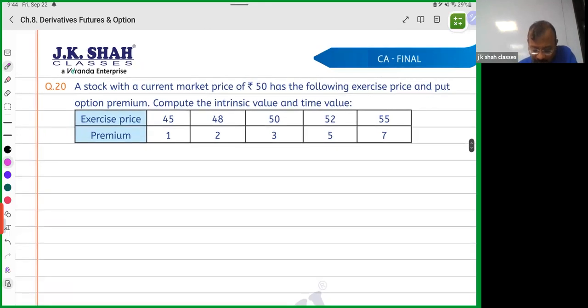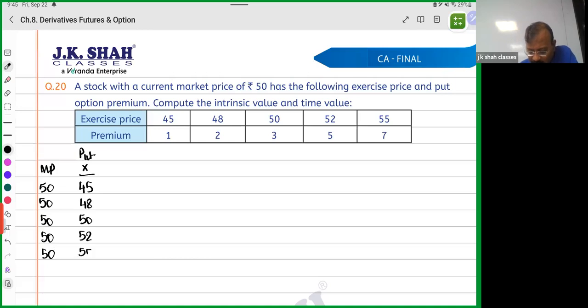So you have market price 50. Put strike price 45. Premium.